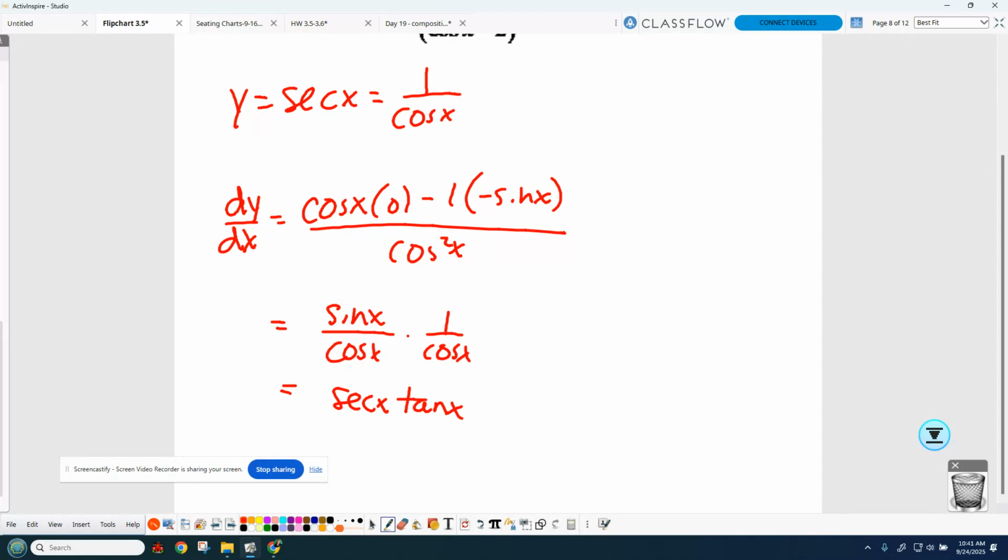All right. So the last one. Derivative of cosecant.